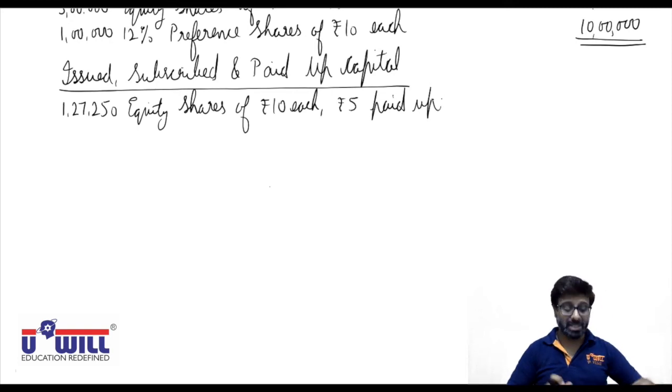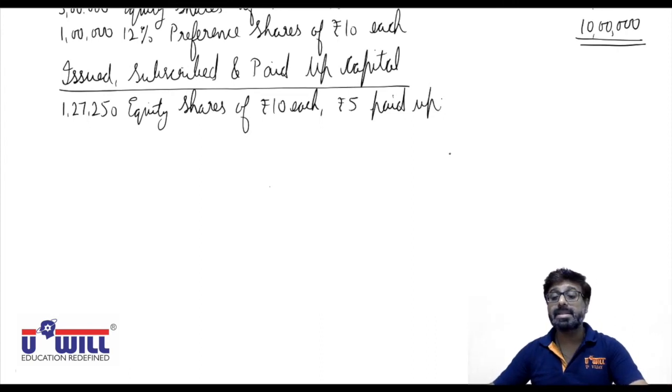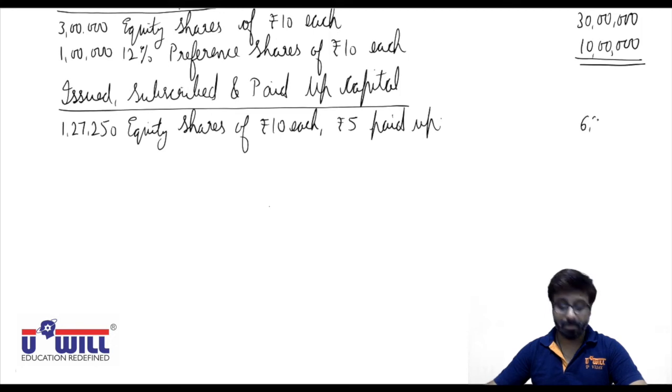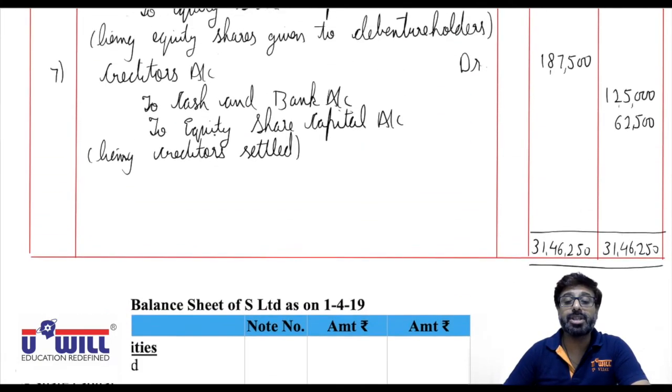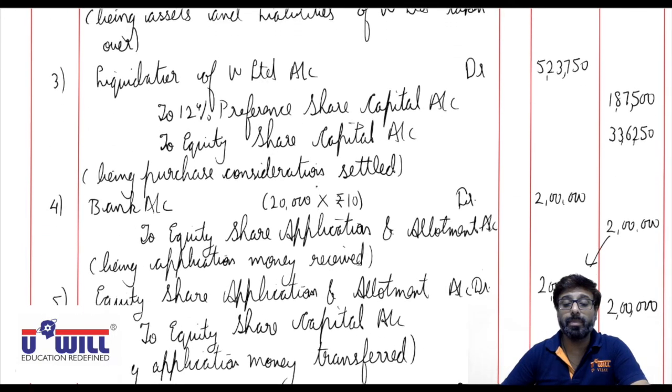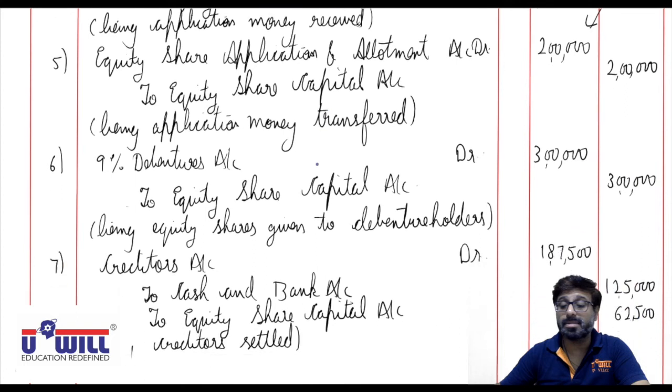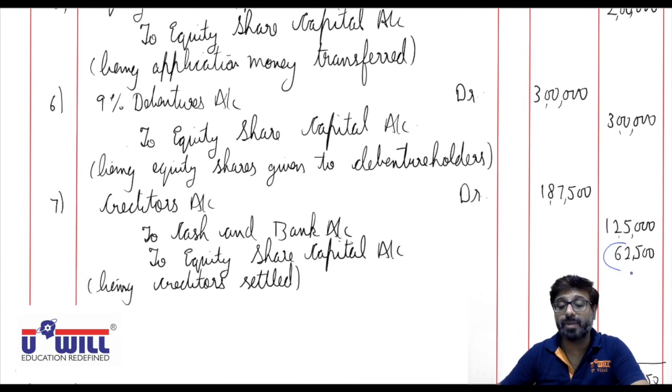So 127,250 multiplied with 5, 636,250. Now further, these equity shares are fully paid up which are issued to public, 20,000 equity shares of 10 each, and also to creditors, fully paid up, 6250 shares of 10 each.